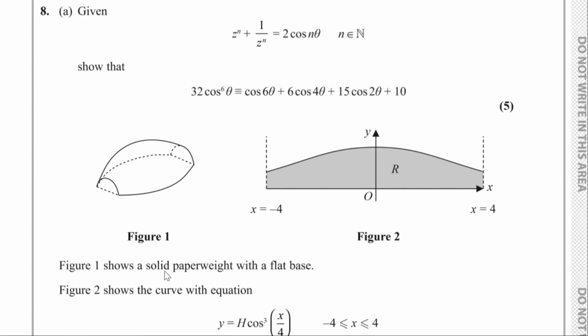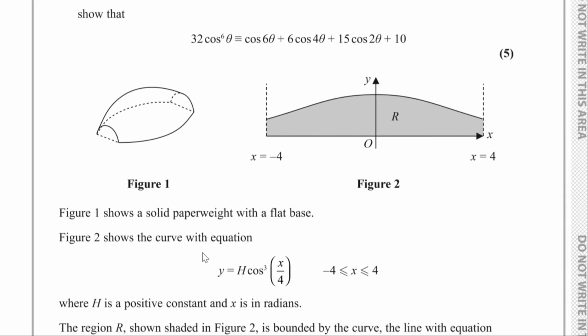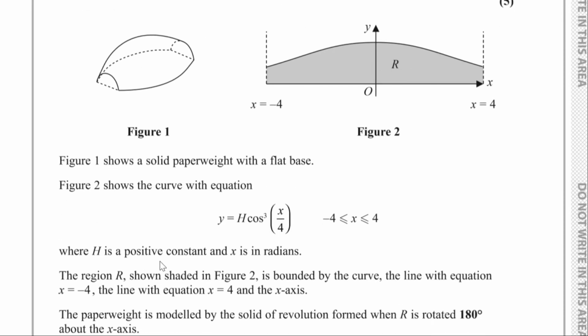Now, figure 1 shows a solid paperweight with a flat base. Figure 2 shows the curve with equation y equals h times cos of x over 4, cubed, where x is between minus 4 and 4, and h is a positive constant and x is in radians.